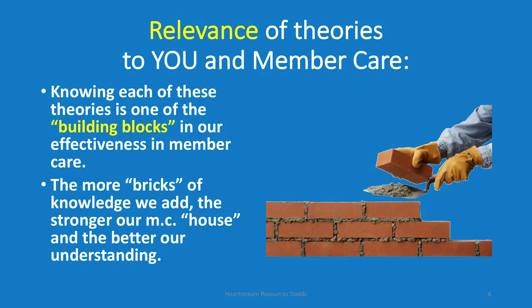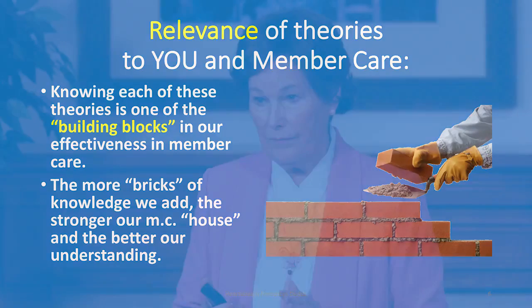Now, the relevance of theories, Maslow's and some others, is that they're one of the building blocks in our understanding of people. So if I have a theory of development, that every culture is going to have some way to mark when kids turn from kids into adults. Now, it might be surprising to know that most cultures don't have teenagers.